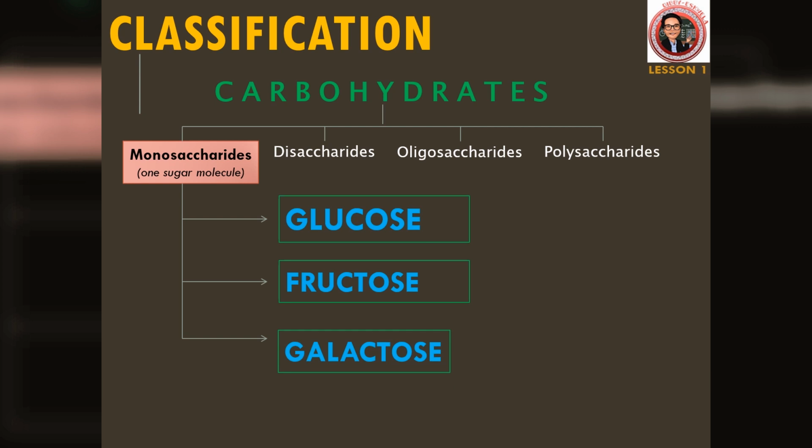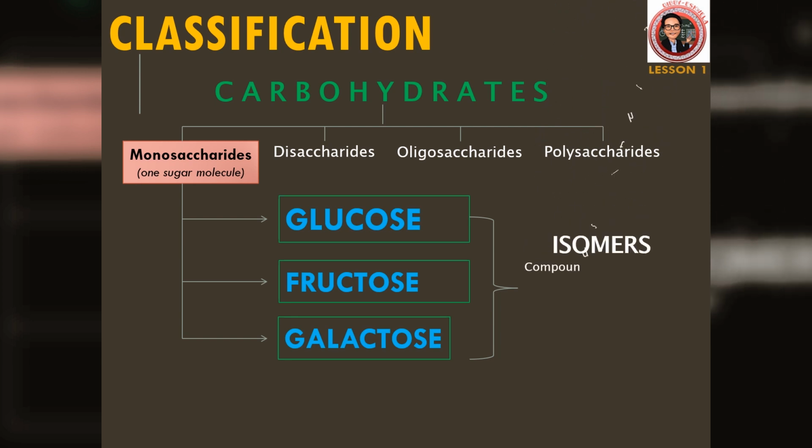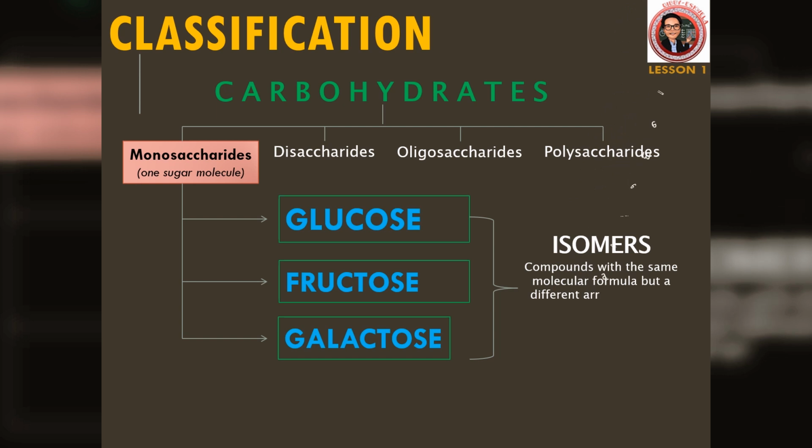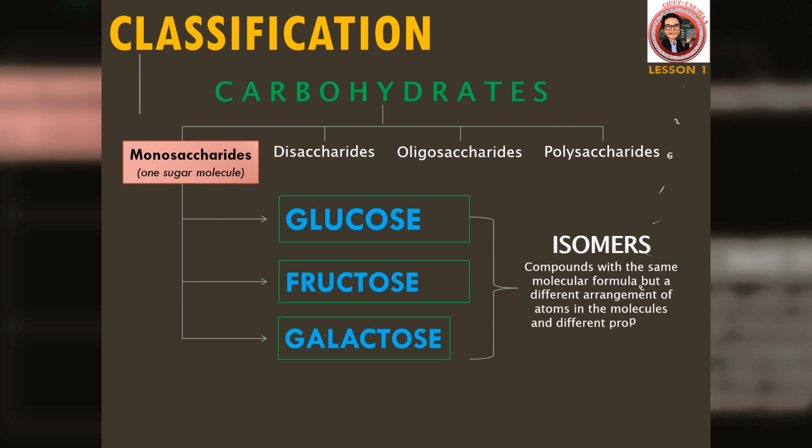And these monosaccharides are all isomers. Isomers are compounds with the same molecular formula but have different arrangement of atoms in the molecules and different properties, of course.